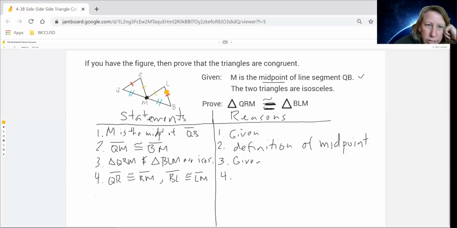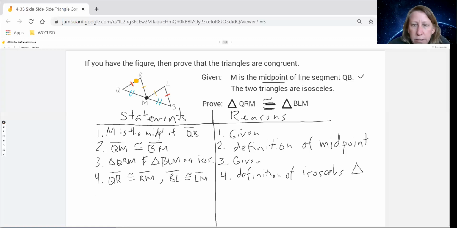Why did I know that these 2 were the same and these 2 were the same? Because I know the definition of isosceles triangles. All right, let's continue.